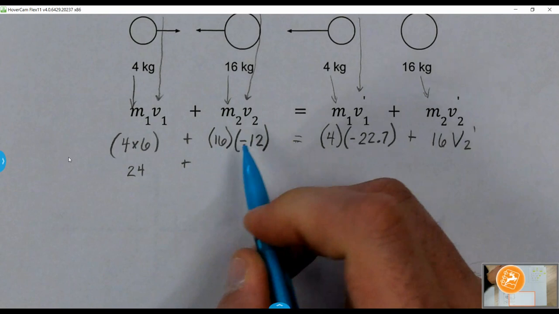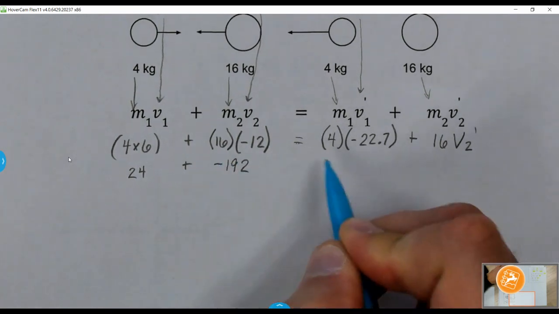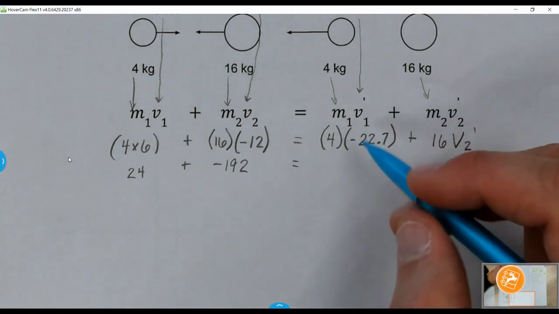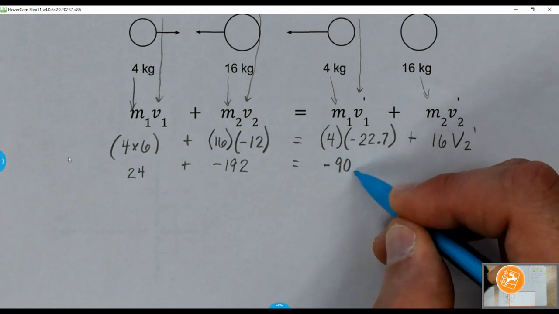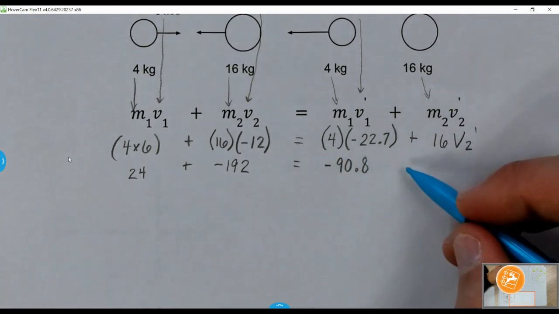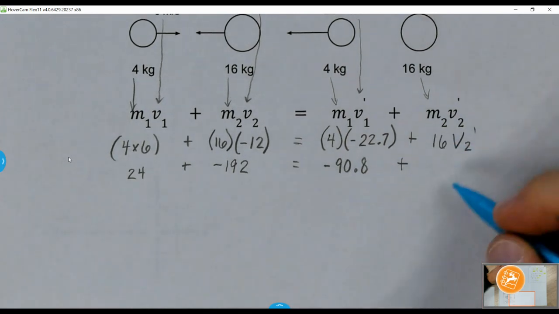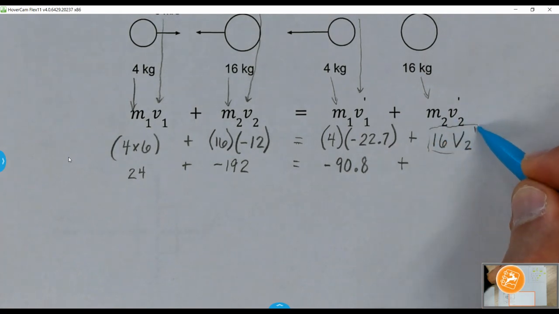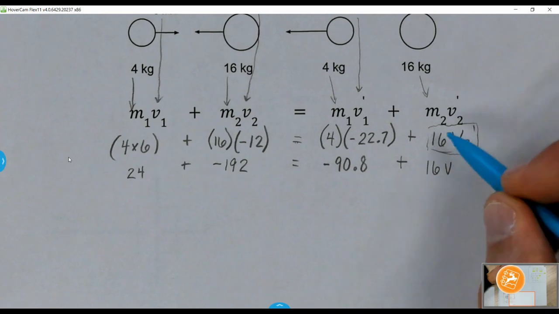Anyway, moving on. 16 times negative 12 is negative 192. Bring down the equal sign. 4 times negative 22.7 is negative 90.8. Bring down your plus sign. We don't know what V2 is yet, so you still have to leave this. Treat this as one thing until the end. We're not changing anything here.